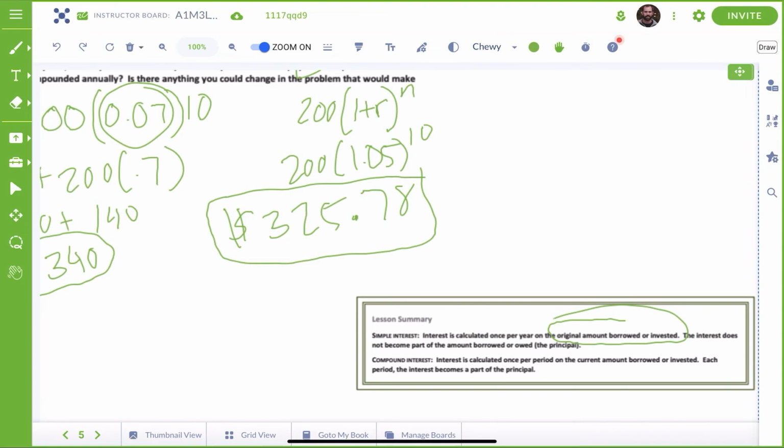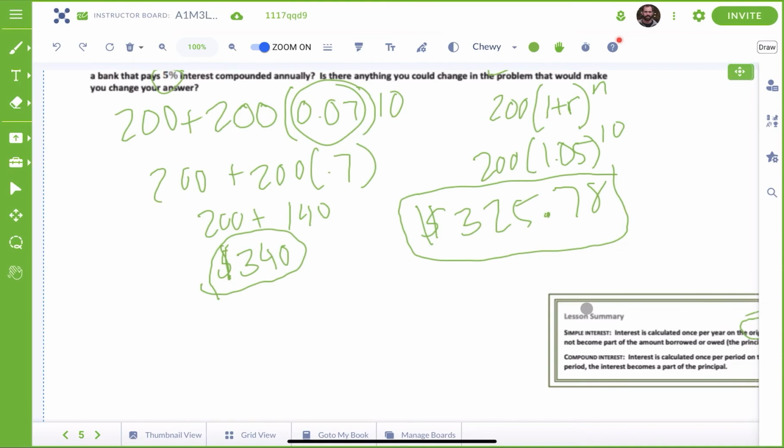Okay, so that's what we were saying earlier with that $200 that became $230. Now it gets interest because it's compounded annually. You're going to get interest off of the $230, not just the $200 again.